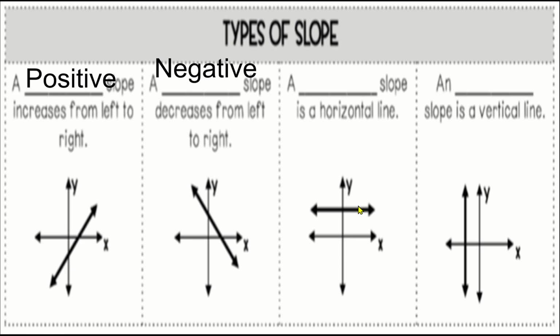How do we describe that line right here? Horizontal. So when we have a horizontal line, when we have a flat line like that, what that means for our slope is we have a zero slope.